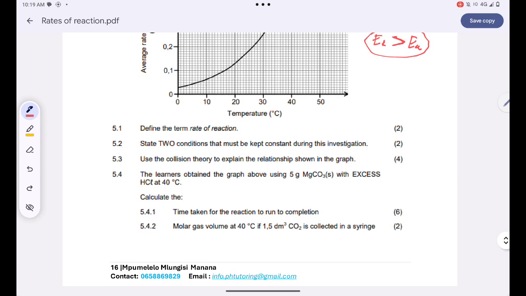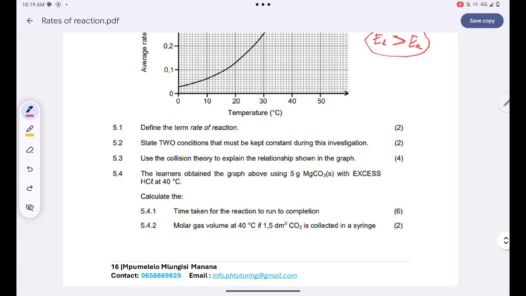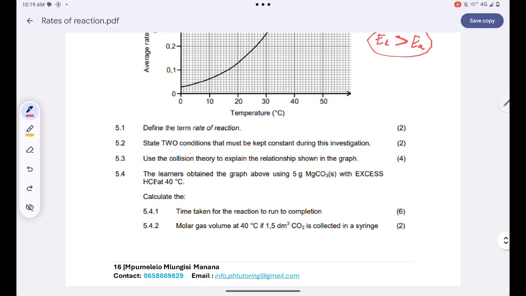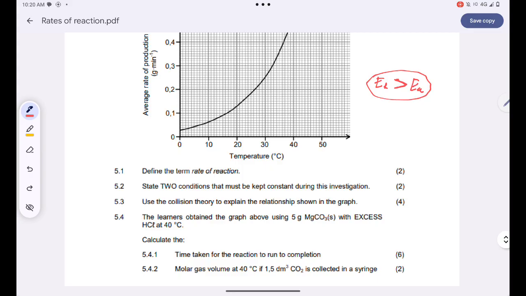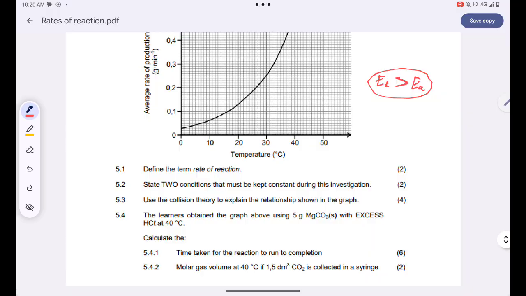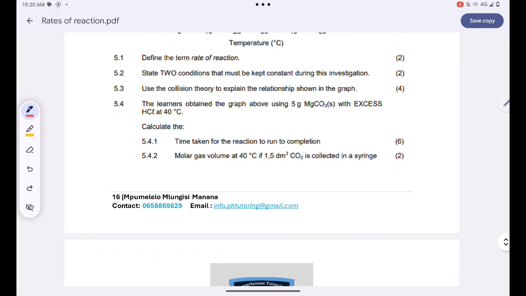Then they want us to calculate the time taken for the reaction to run. The learners obtained the graph above using 5 grams of magnesium carbonate with excess hydrochloric acid at 40 degrees. They want us to calculate the time taken for the reaction to run to completion.